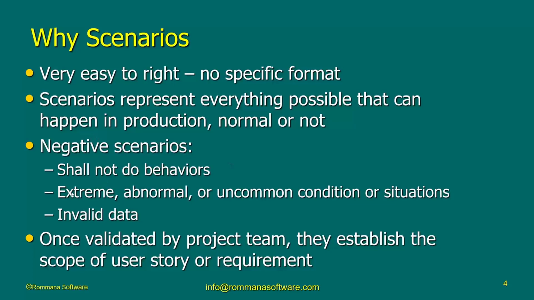Other examples of negative scenarios are those situations that I refer to as extreme, abnormal, uncommon conditions that could possibly happen in production. And of course, if you try to use invalid data while you are using the application, that's also considered a negative scenario.